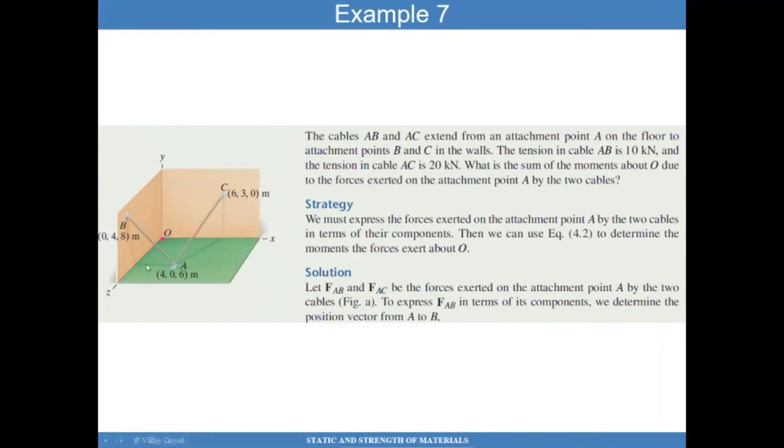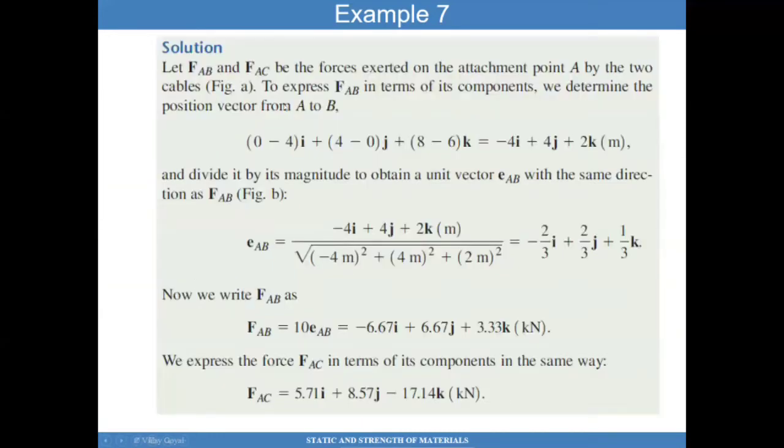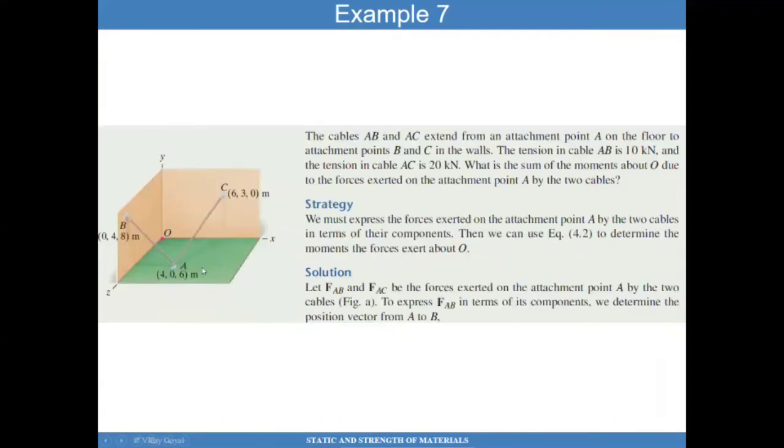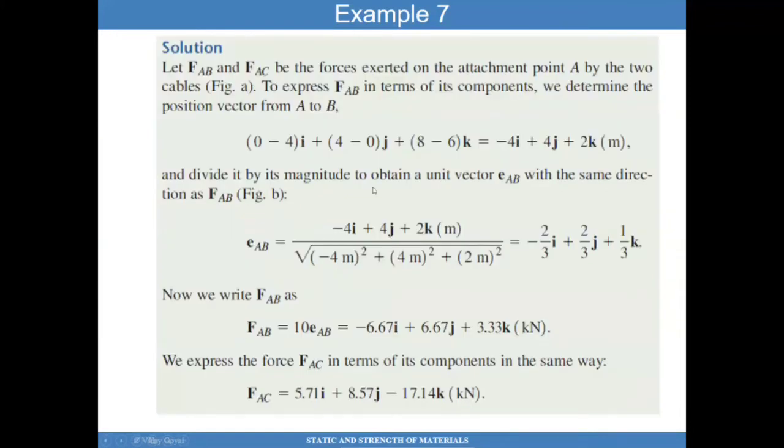So 0 minus 4, 4 minus 0, 8 minus 6, that'll give us the components for I, J, and K of that vector. I now take that vector divided by the distance between B and A, and that distance will give us a unit vector there.